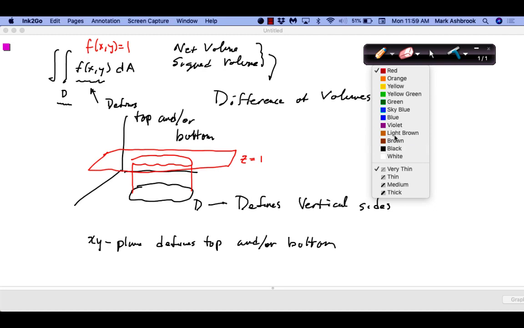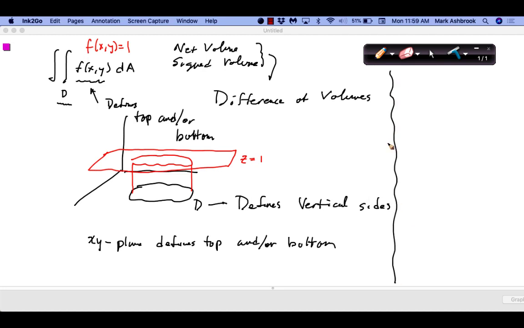So if we take this same discussion, we have a solid E. Before we were integrating over a region D, now we're integrating over a solid E. We're integrating this function of 3 variables over a solid E. And so what does that compute?